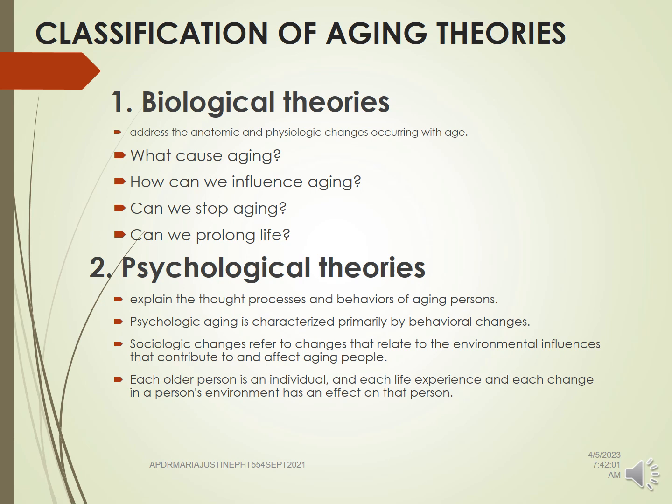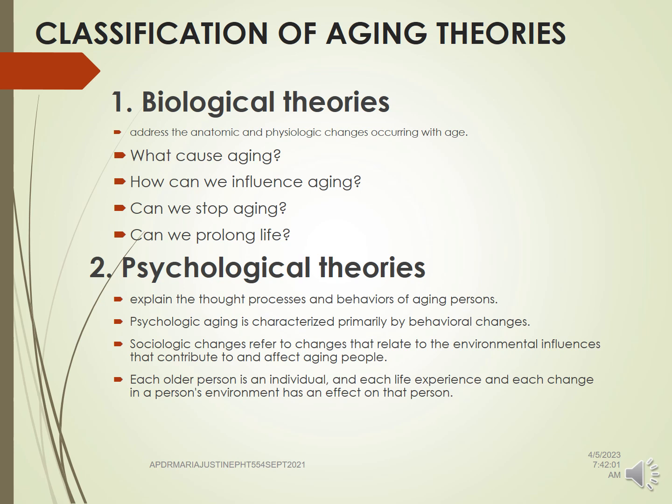Then the second classification is psychological theories that explain the thought processes and behaviors of the aging person. Psychological aging is characterized primarily by behavior changes. Sociologic is actually a combination of psychological and sociological. Sometimes it can stand alone, sometimes you can combine psychology and sociology.